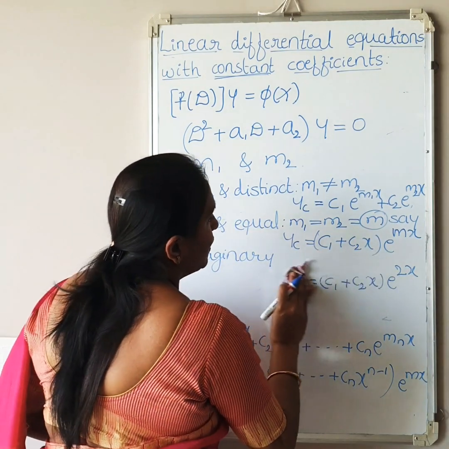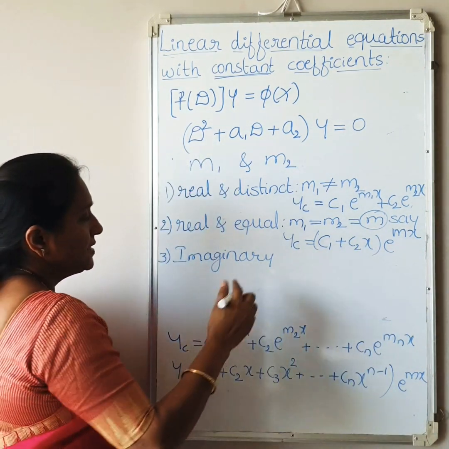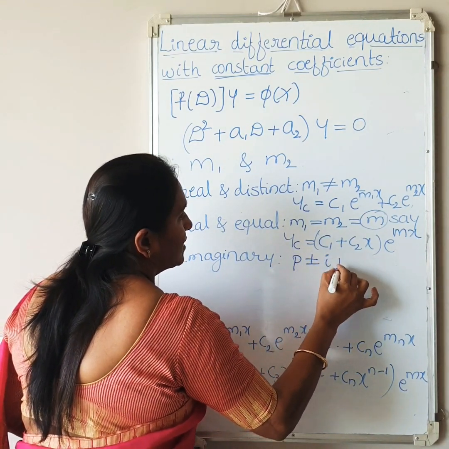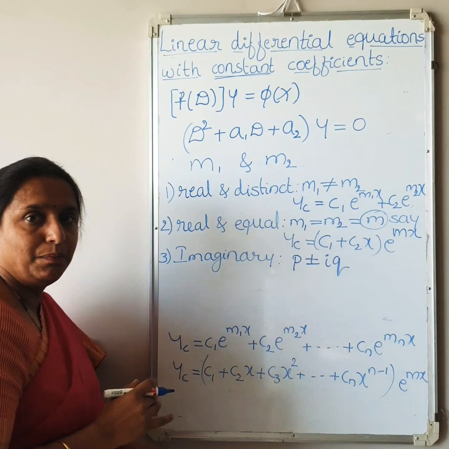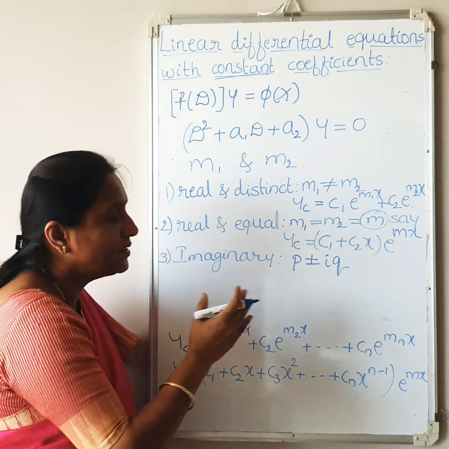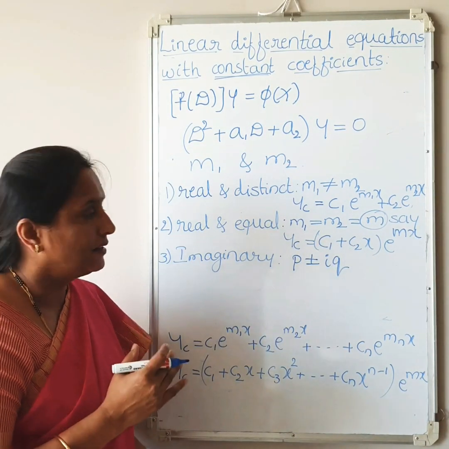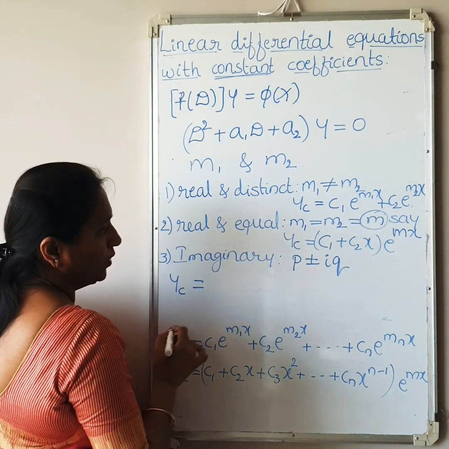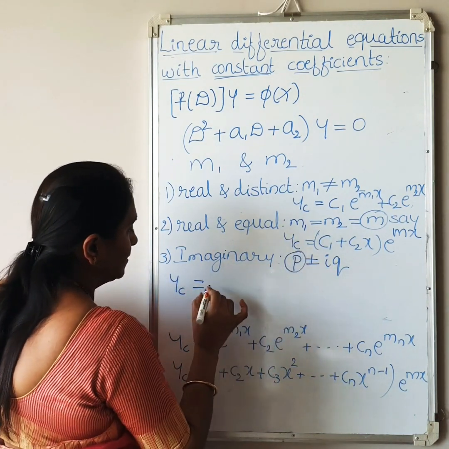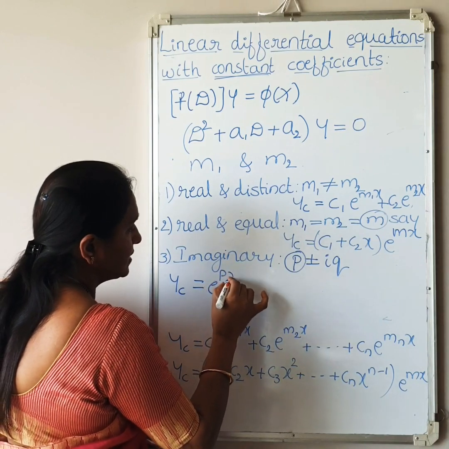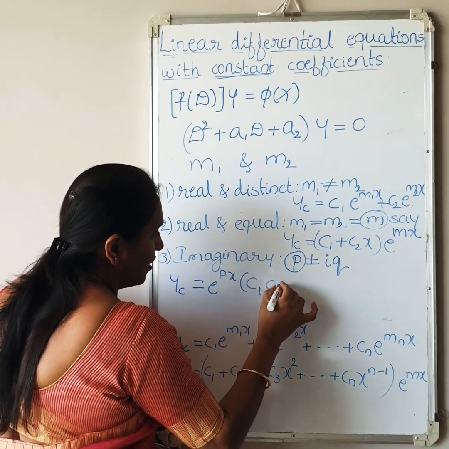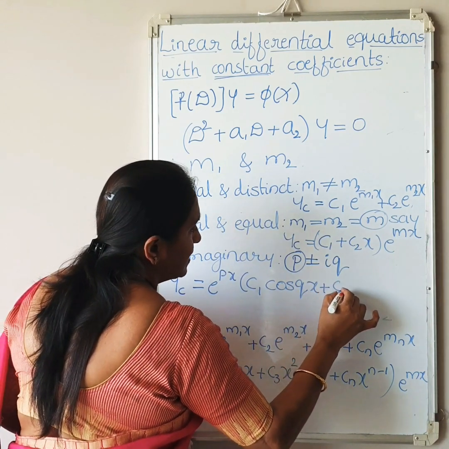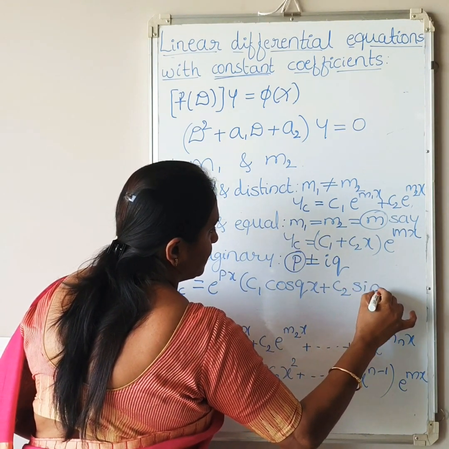Third one, when roots are imaginary. Say roots are in the form p plus or minus iq, where p is the real part and q is the imaginary part. Then how to write yc? Yc is equal to e raised to px (c1 cos qx plus c2 sin qx).